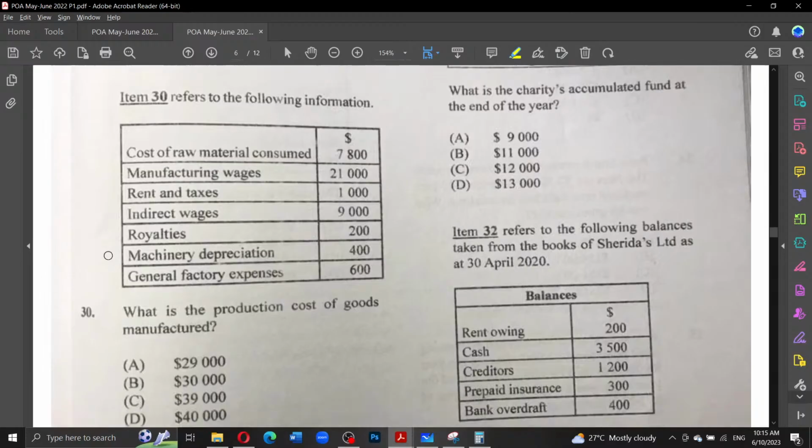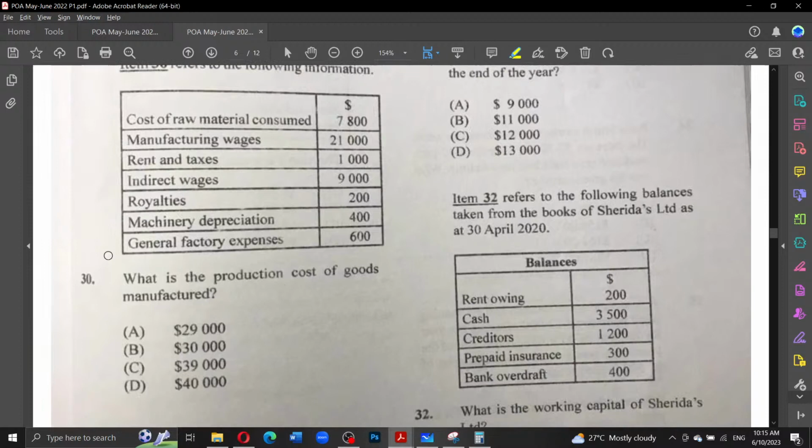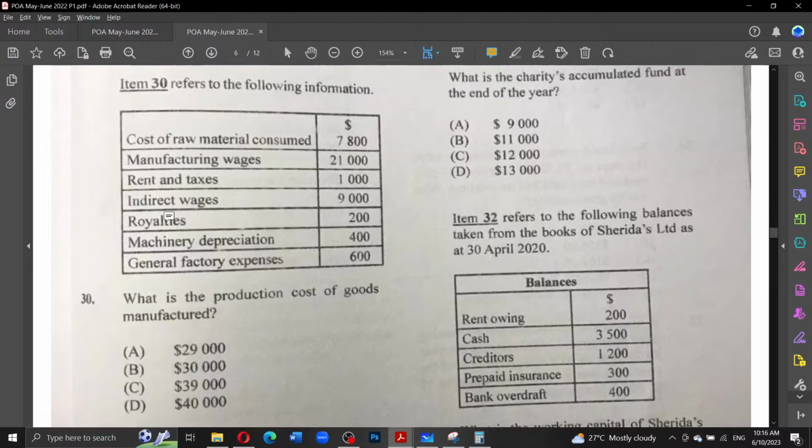What is the production cost of the goods manufactured? Alright, so we'll assume that all these items here are related to the factory, because rent and rates can be a general expense, so I don't know what exactly we're supposed to do there, but we'll assume that it belongs to the factory.